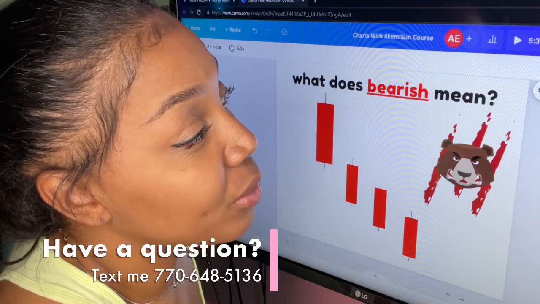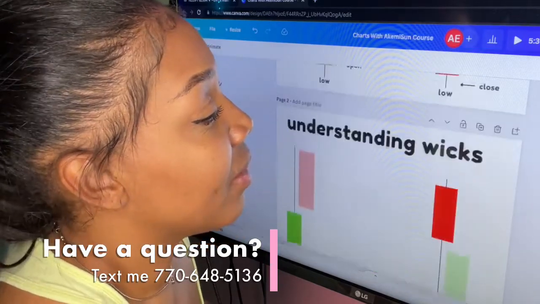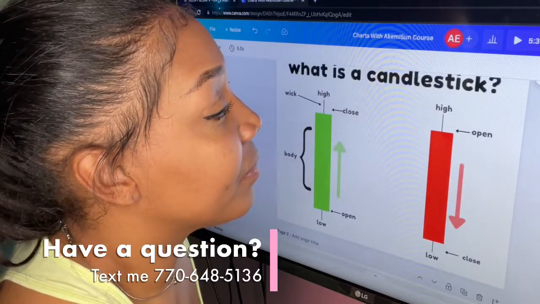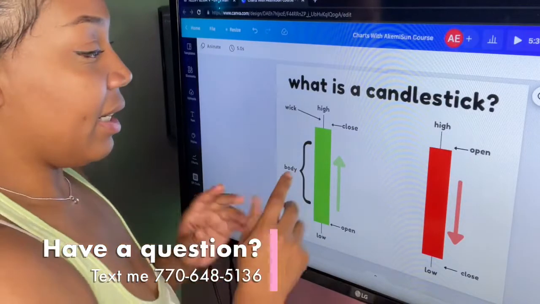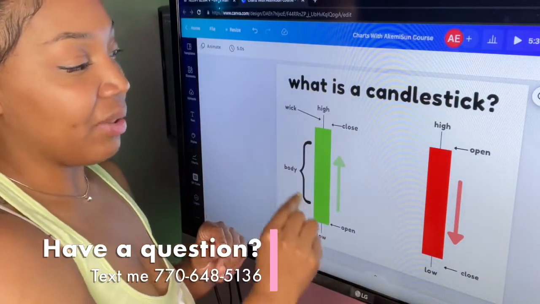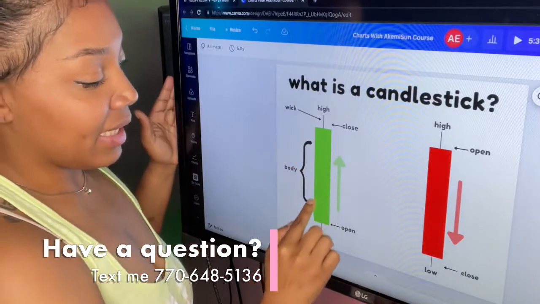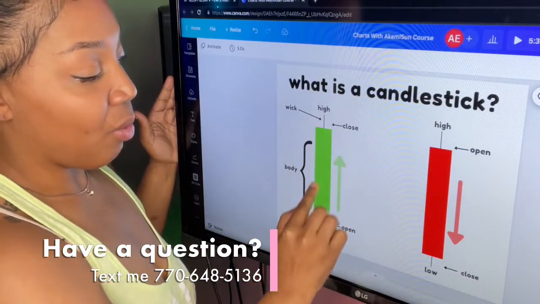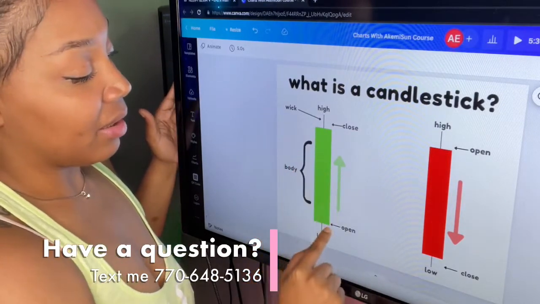All right, so now that you know that there are two types of candlesticks, each candlestick has a body. So this is the body, this whole candlestick right here. Now, not all candlesticks are going to look like this.